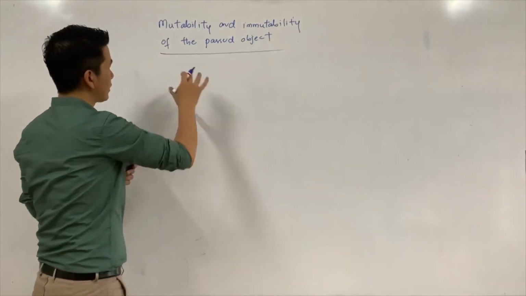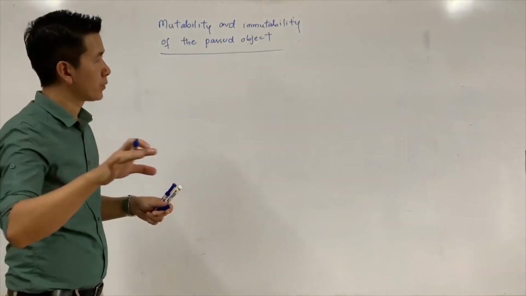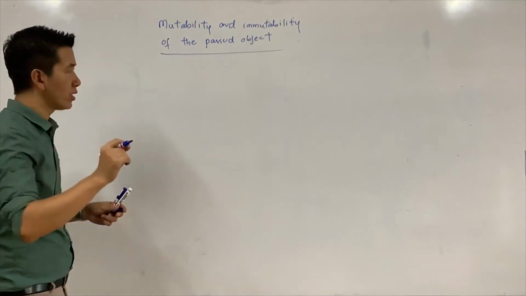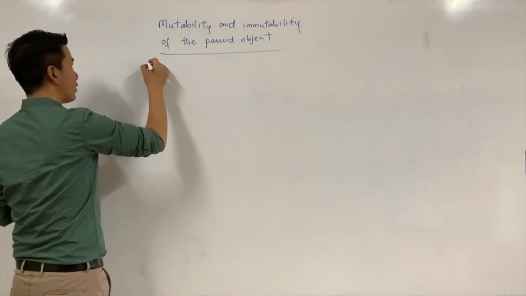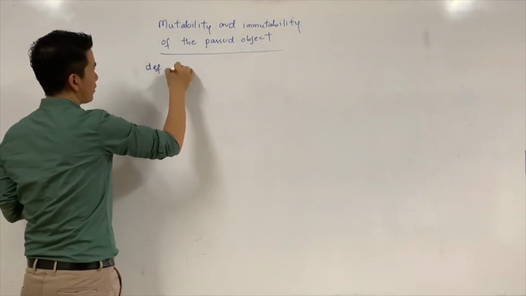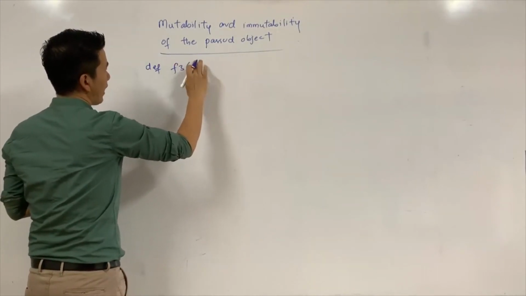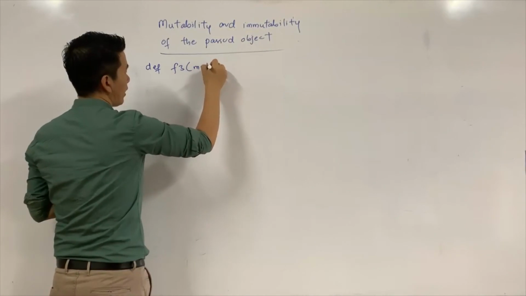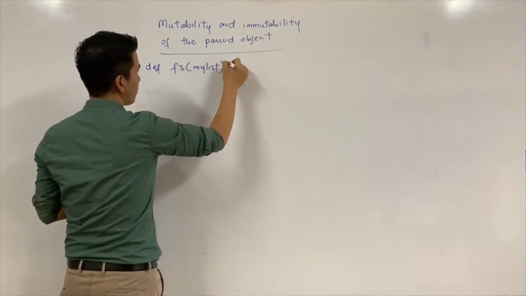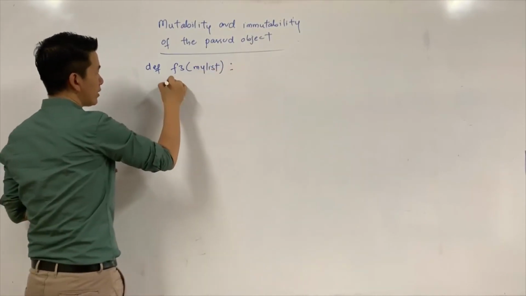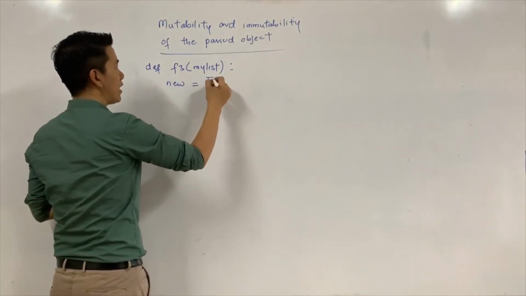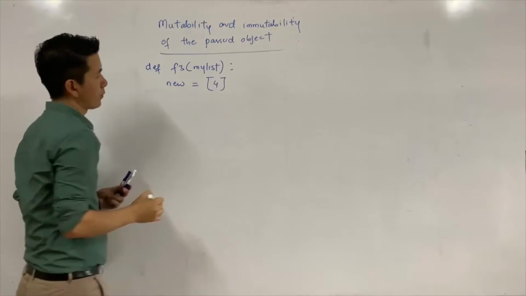Okay, let's now write the program for the third example. So let's do this real quick. This time the name of the function will be f3, and again I have the parameter called my list. Now this time I have a new list with the value of, let's say, 4.